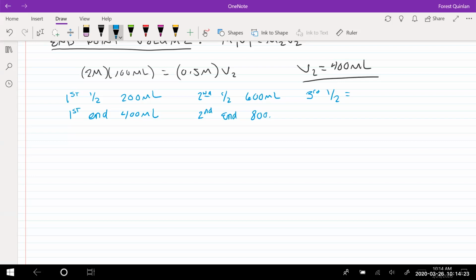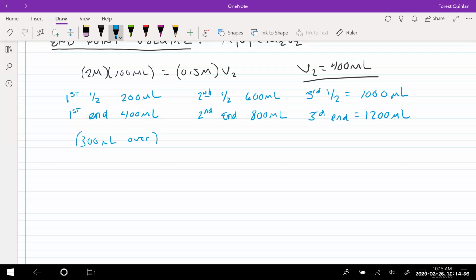The third half is going to be 1,000 mils, and the third end is 1,200 mils, which also means we have 300 mils over. So immediately that sets our goalposts about what we need to do.